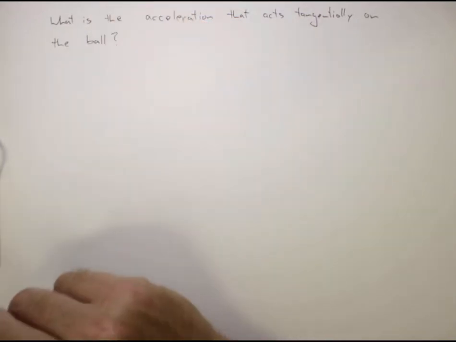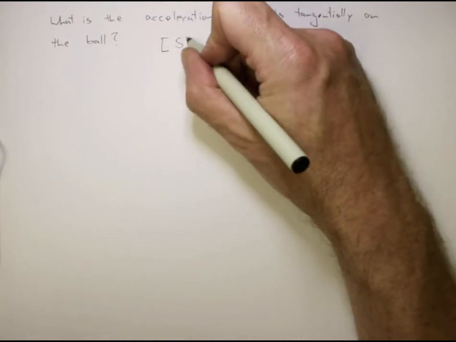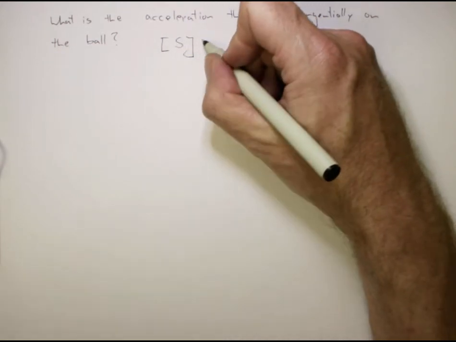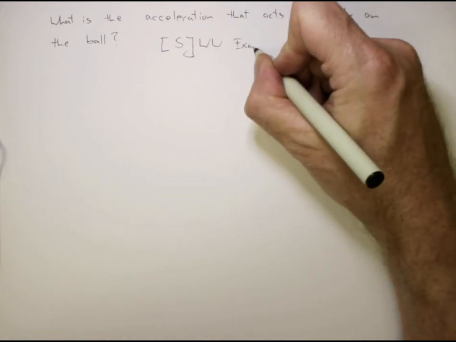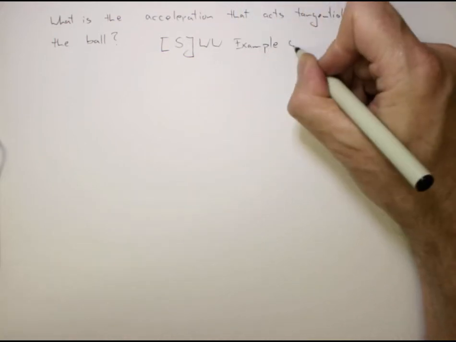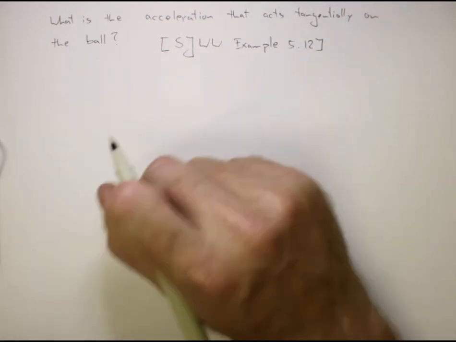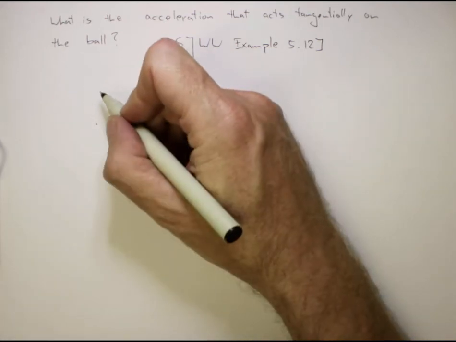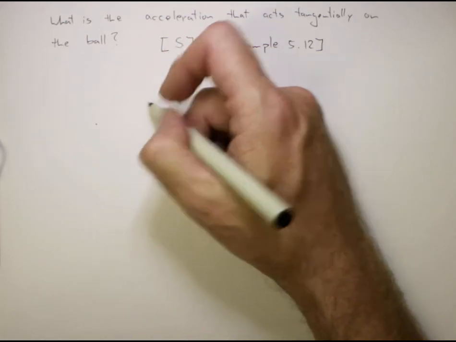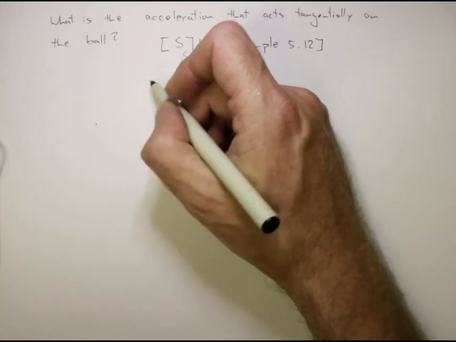In order to work this out, and in fact you can look this up in the textbook, Serway Jewett, example 5.12, we need to draw a neat diagram of the circling ball and indicate the forces that are acting on it.